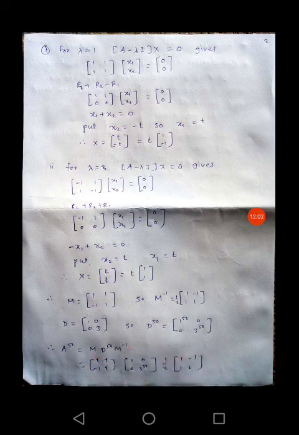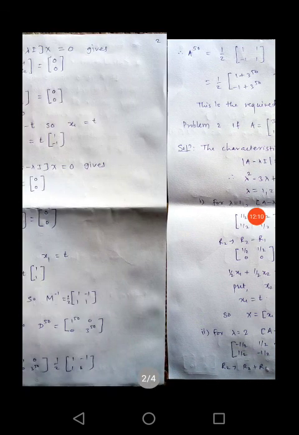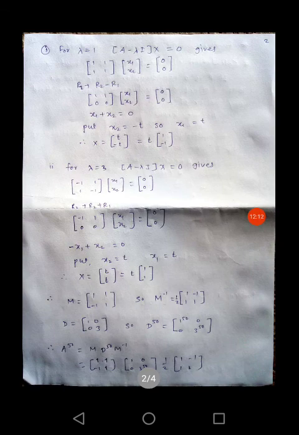Let me show you in the next page. So A raised to 50 is equal to 1 upon 2 1 1 minus 1 1, that is M as it is, on the right hand side the left one is written as it was.